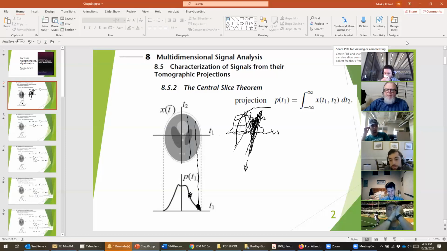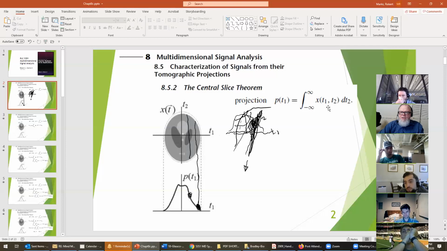And it's given by this expression. We have x of t1, t2. And what I'm doing is I'm fixing a value of T1. For example, I'm fixing a value of T1 right here. And if I fix this value of T1, that fixes this slice, right? And so if I use another value of T1, I get another slice, don't I?